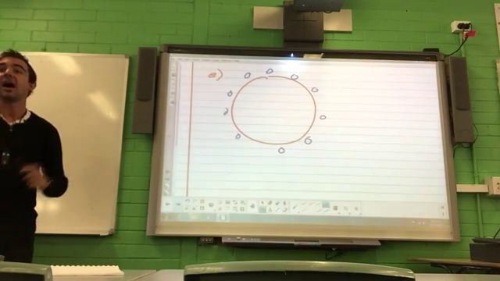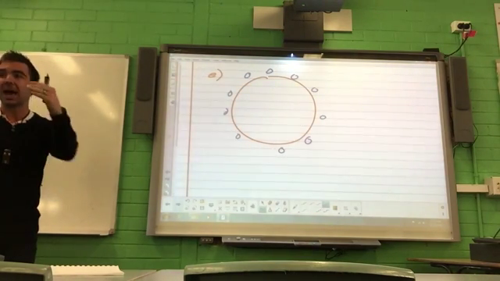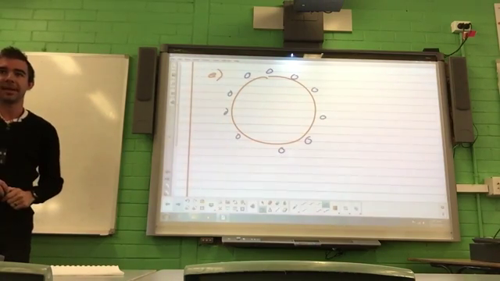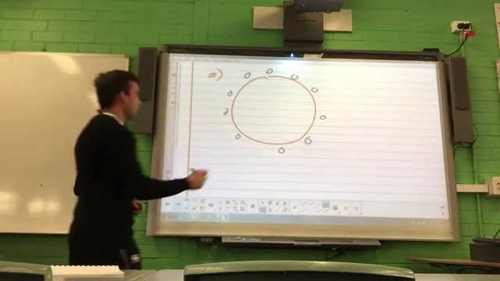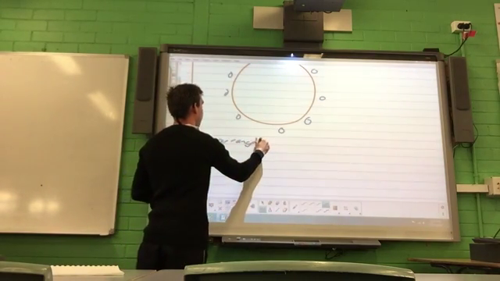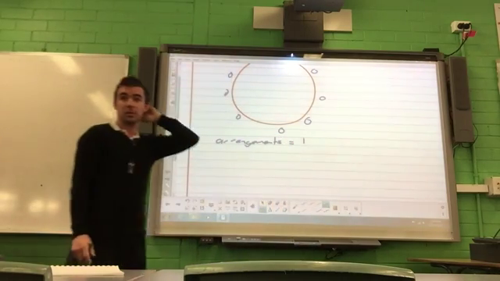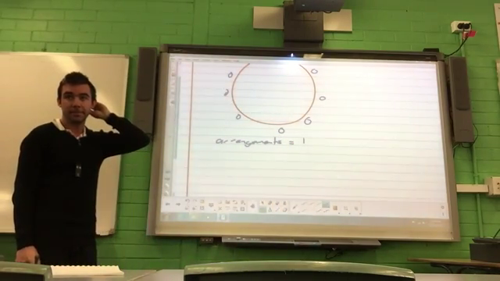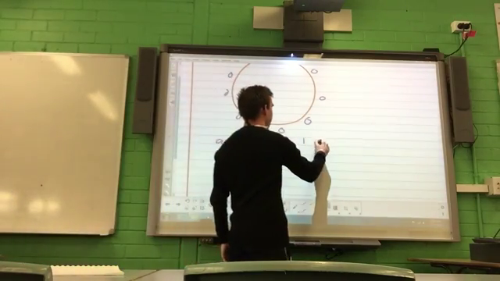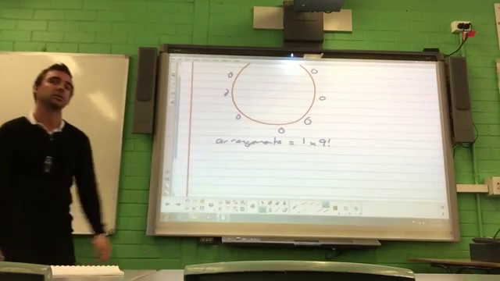Now, this arrangement is different to a circle, because you have the rows and you don't have people next to each other at the end. So the notation will be that first person can sit on any of those 10 chairs, and then the remaining 9 people that come through can sit in 9 factorial different ways.